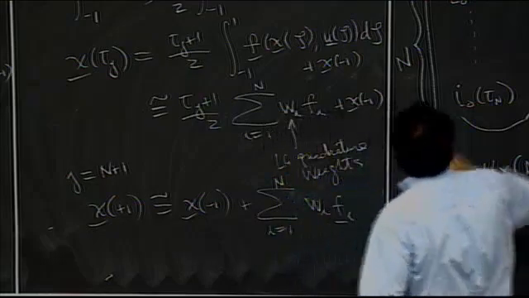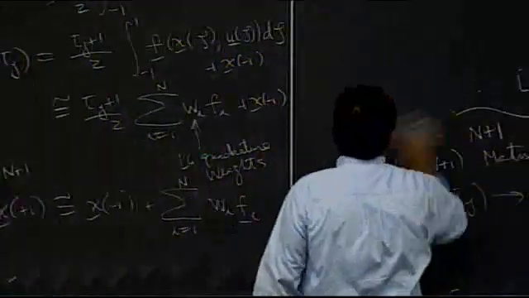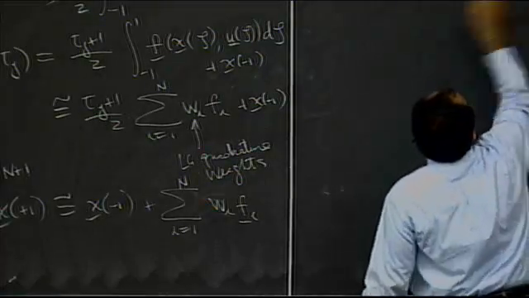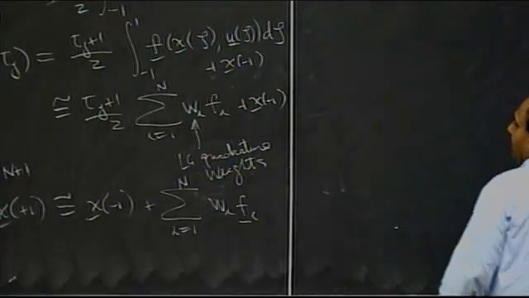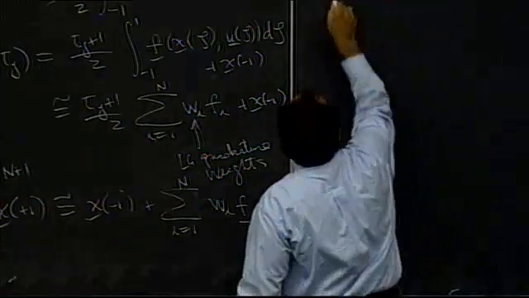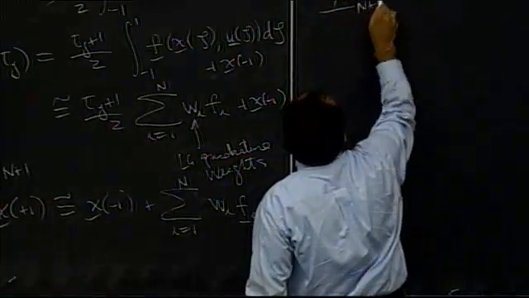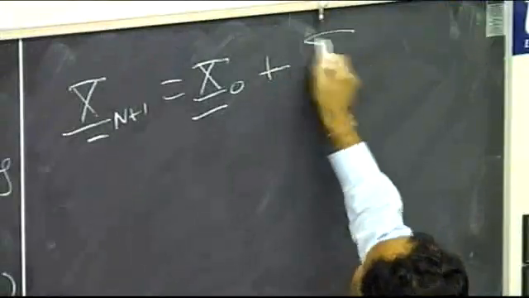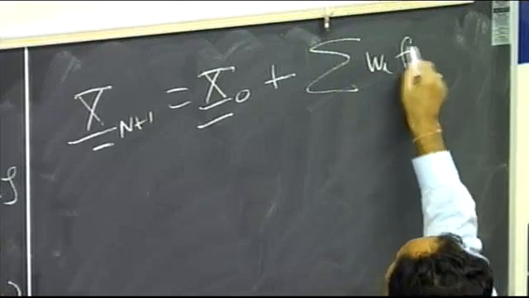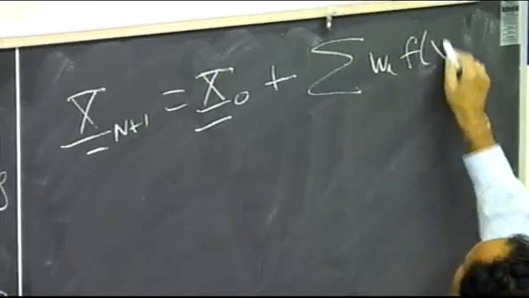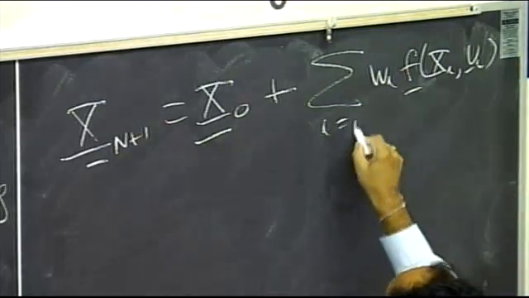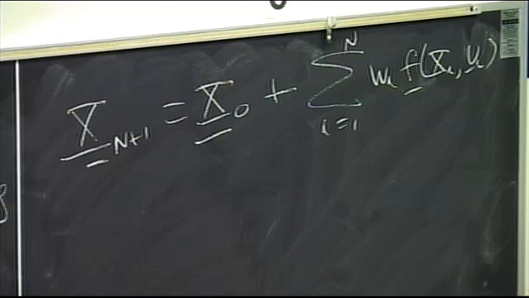So if I approximate all this, I get x n plus 1 is equal to x0 plus the sum of w i times f of x i u i, i equals 1 up to n. So I now have a way of getting that final point.